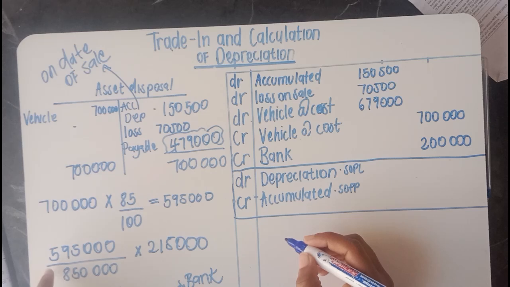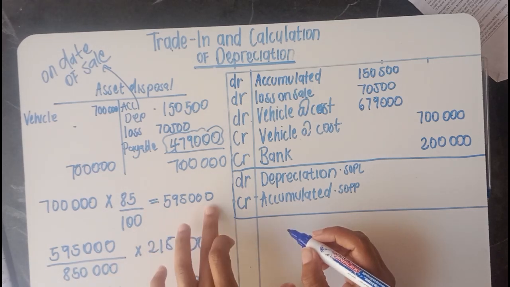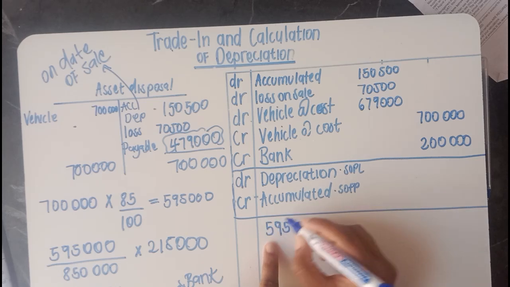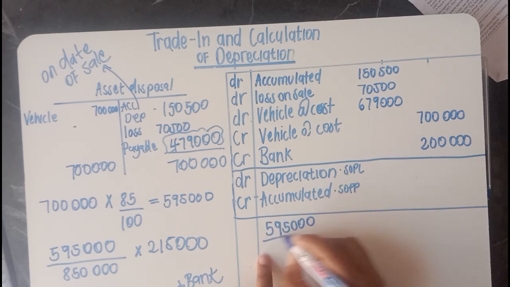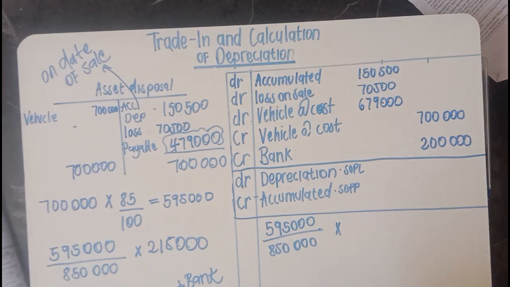So let's start first with the one of the old vehicle, right? So we calculated the depreciable amount, and you divide it by 850. Now, here's the trick with this question.